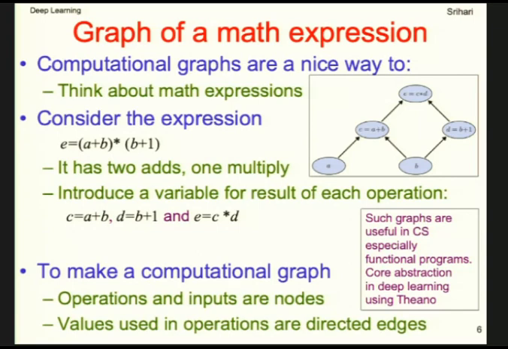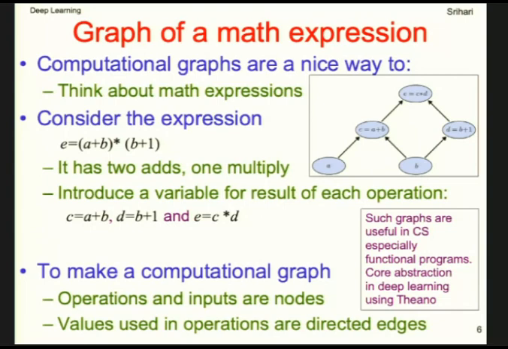Such graphs are useful in computer science generally, especially functional programs. And then they are a core abstraction in deep learning using Theano. Theano is kind of an older version of PyTorch and TensorFlow and all that. So to make a computational graph, operations and inputs are nodes.